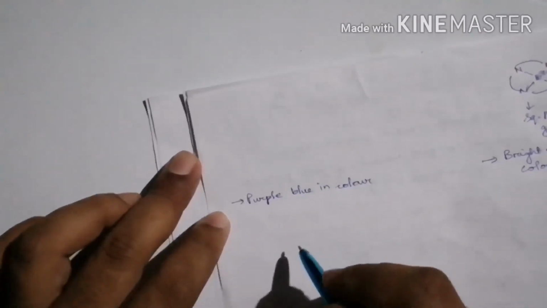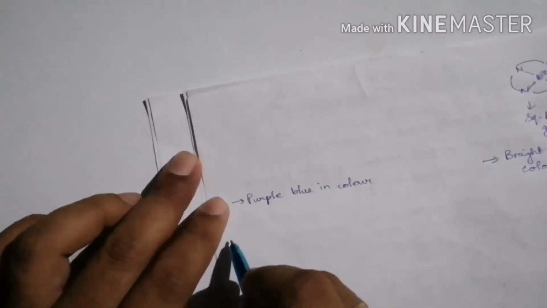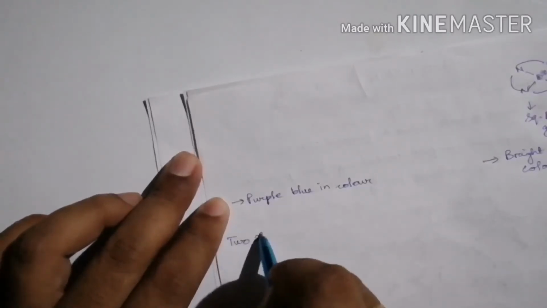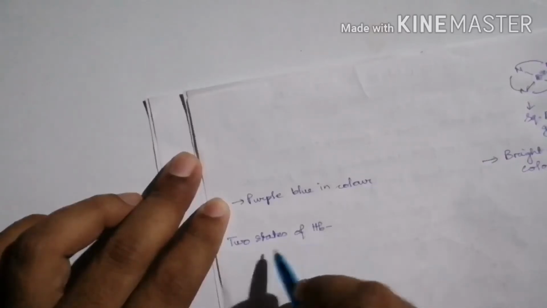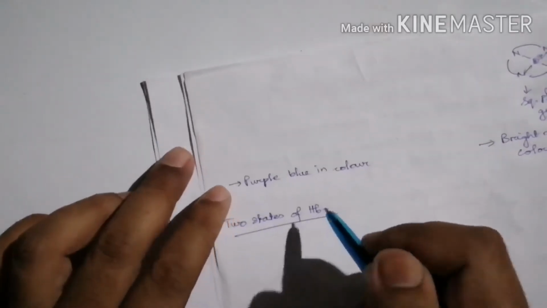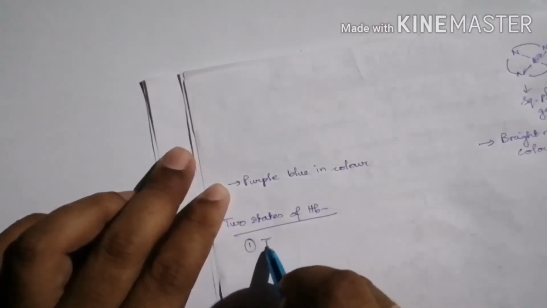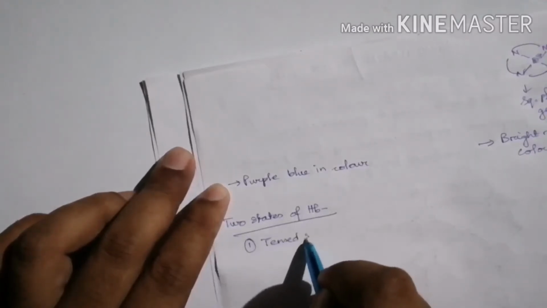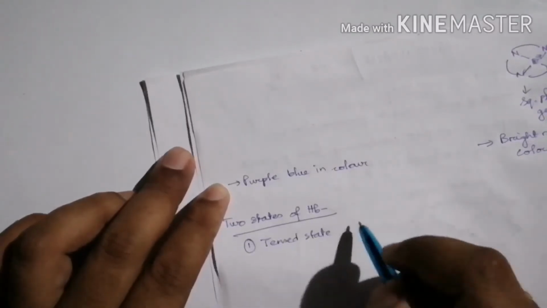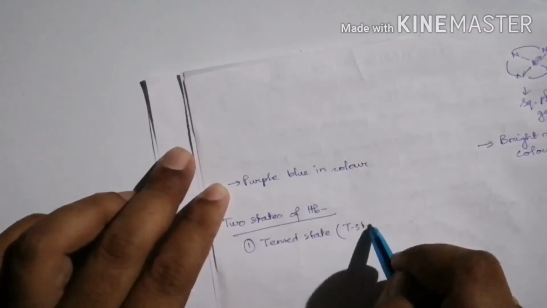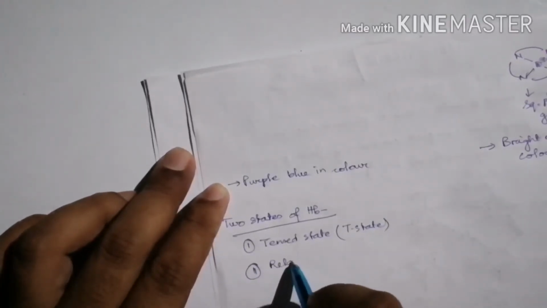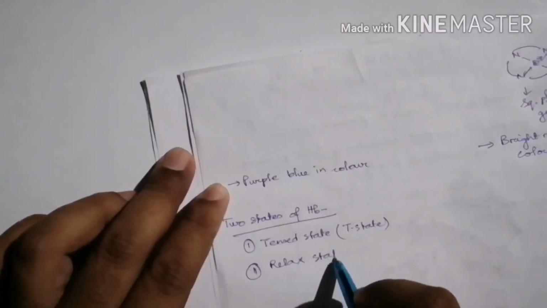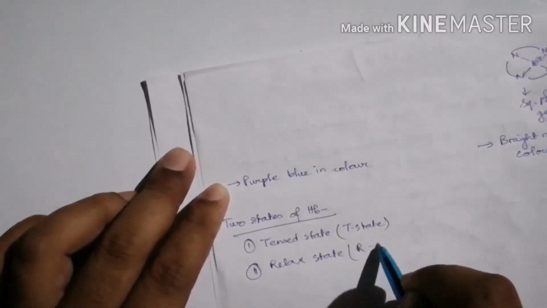Then there are two states of hemoglobin. Number one is the tense state or the T state, and number two is the relaxed state or the R state.